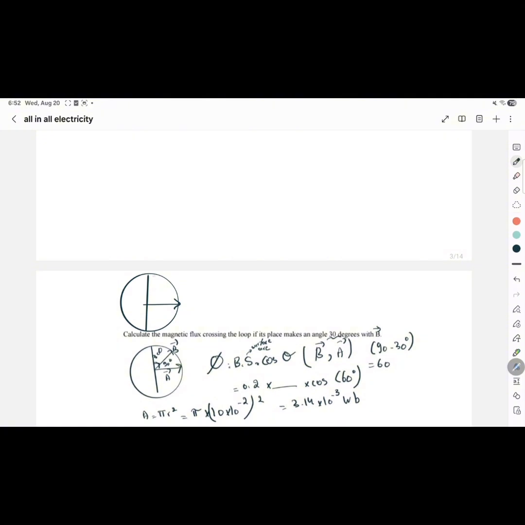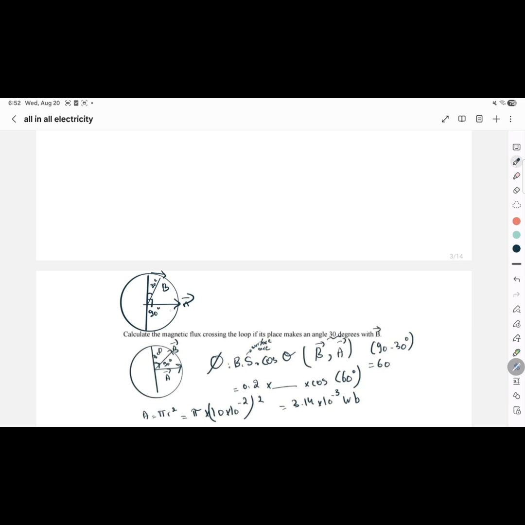What does this mean? As if we're taking the positive from here, so we draw an angle which is 30 degrees. And this angle of 30 degrees is the magnetic field. And the total angle here, since that's the normal, is 90 degrees.